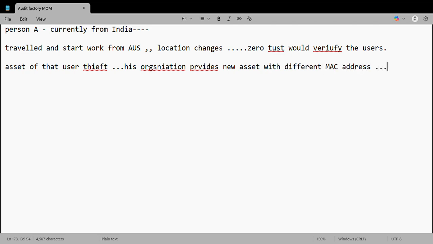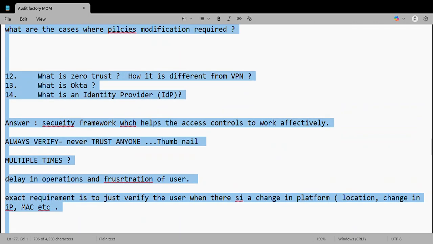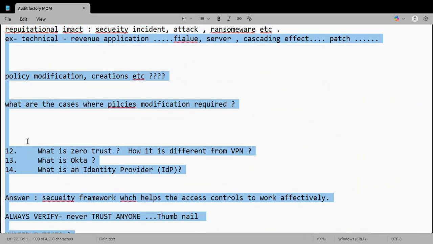In this case also, since there is a different MAC address, you first need to register that MAC address with the zero trust facility. And for this, zero trust may verify the user again. So this is the role of zero trust here.